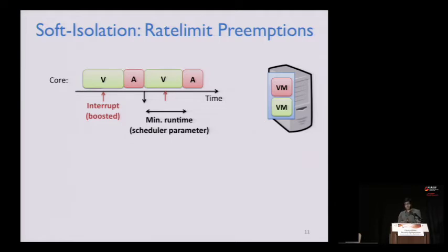Although this is one way to rate limit preemptions, we did try a lot of other alternatives, like trying to separate out batch and interactive workloads on different cores such that they don't interact with each other, or trying to spread the preemptions of an interactive workload across multiple different VMs on different cores. It turned out that this simple minimum runtime guarantee mechanism was enough to provide really good security and performance guarantees.